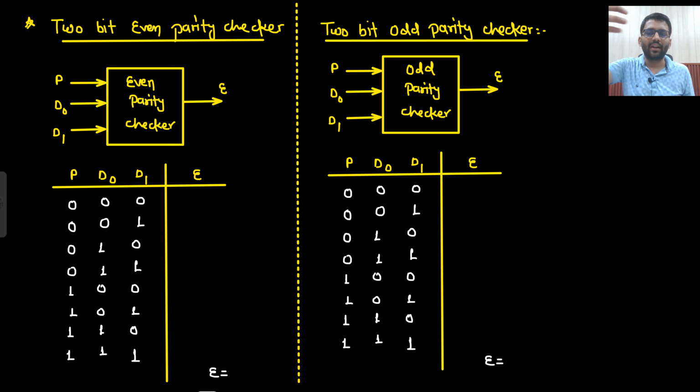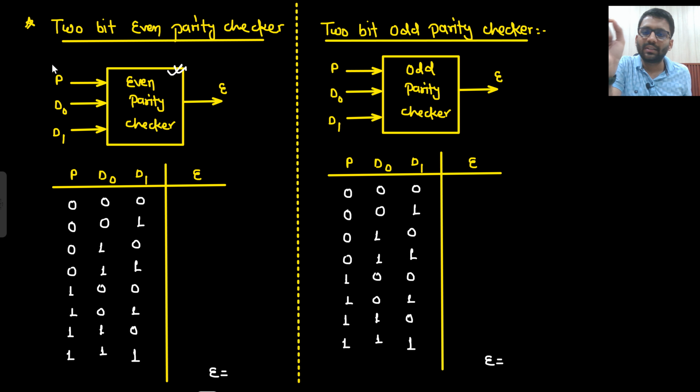So let's go and do the same thing for the 2-bit even parity checker. This is the even parity checker now. It will be called a 2-bit even parity checker only, where 2 bits are data bits and 1 is the parity bit. So you will not say, sir, this is a 3-bit parity checker. No, 2 data bits and 1 parity bit.